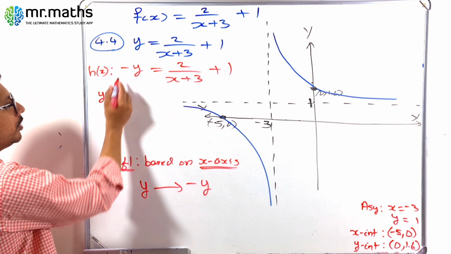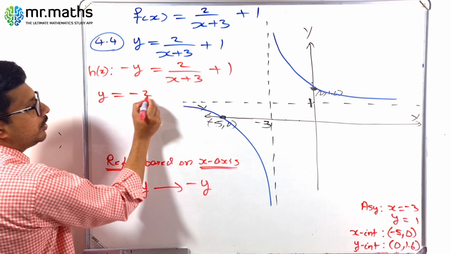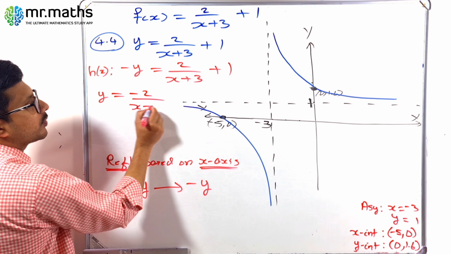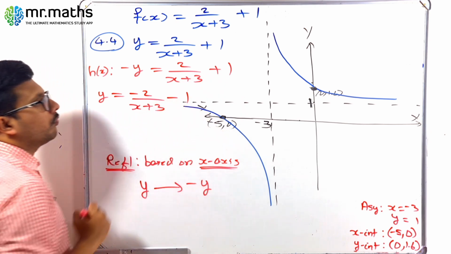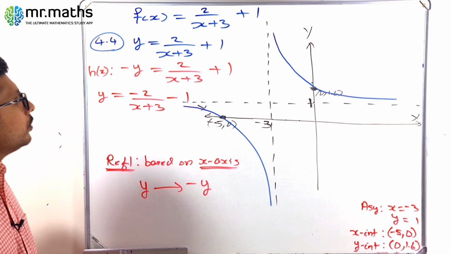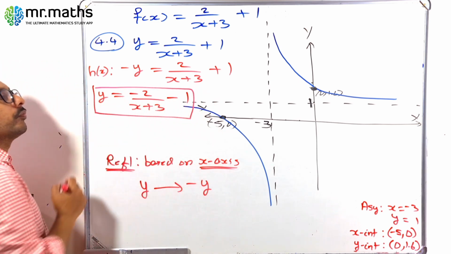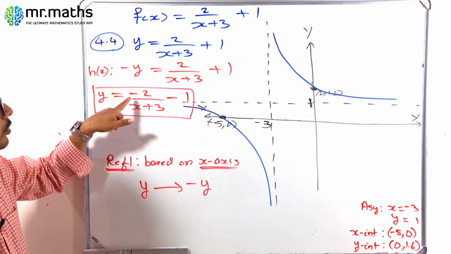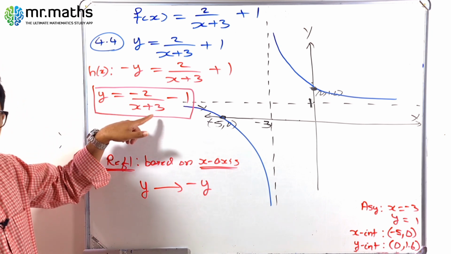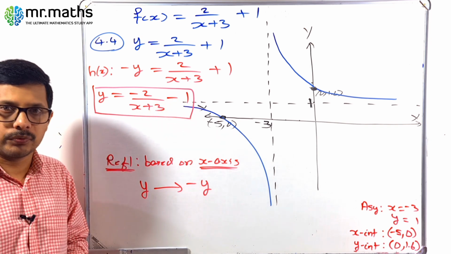So negative into negative is positive, is equal to negative into positive, negative 2 divided by x plus 3, then negative into positive 1 is negative 1. So now this equation is our h of x. We got a new equation, y is equal to minus 2 divided by x plus 3 minus 1, and that is our h of x.